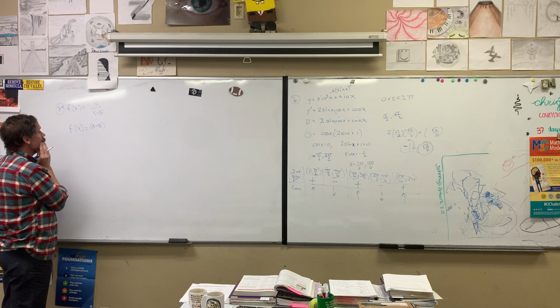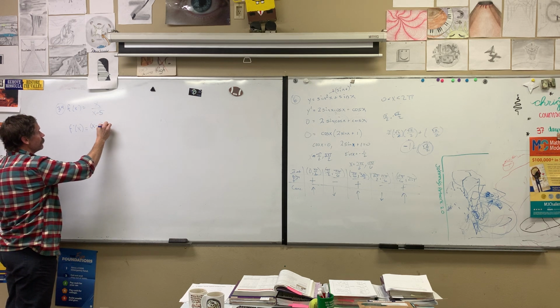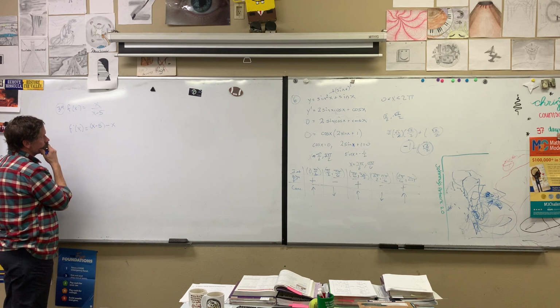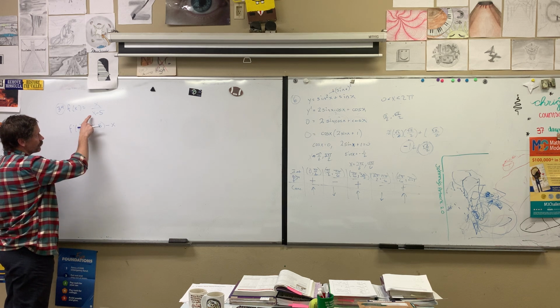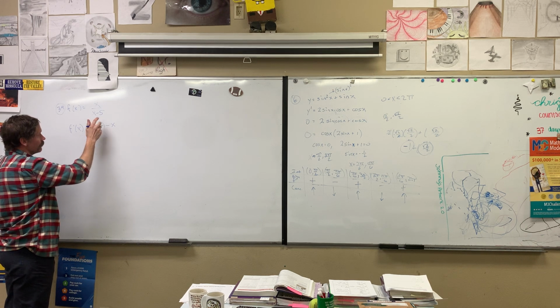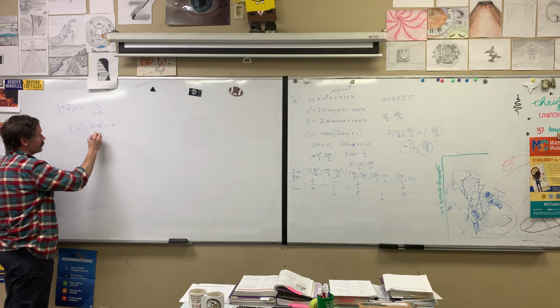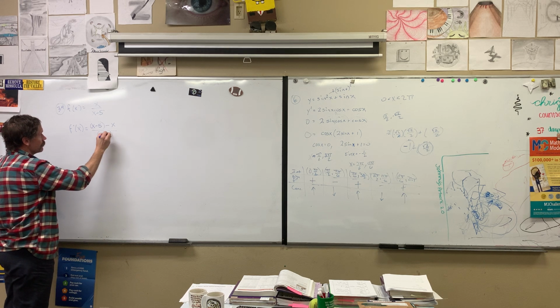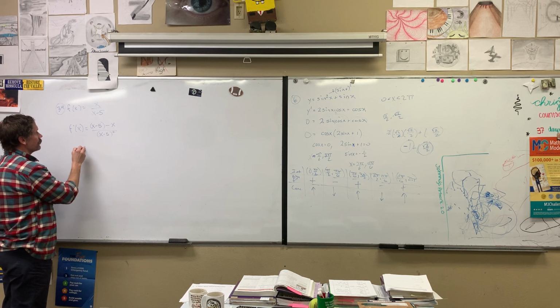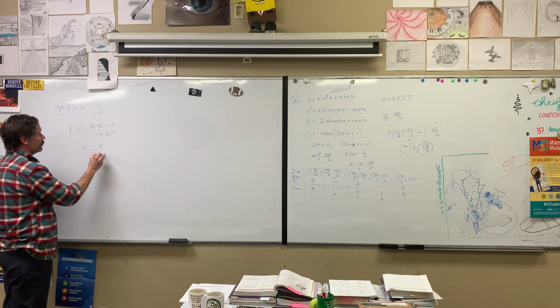So low d high: the derivative of the top is just 1, minus x times the derivative of the bottom, which is also 1, all over x minus 5 squared. So then on the top you end up with negative 5 over x minus 5 squared.